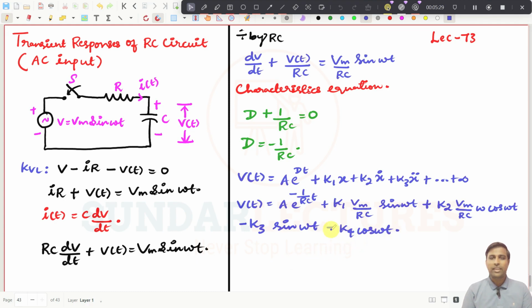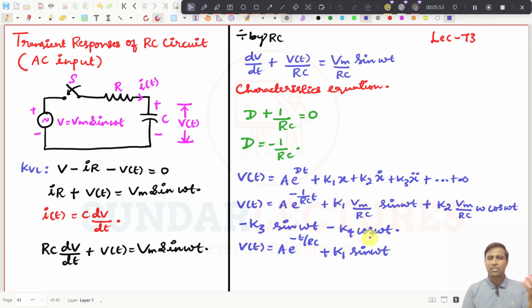See what you are getting here, it is very easy to understand. Maybe you take everything as constant, and I will write it down for your understanding. This is A e power minus t by RC, I can write like this. So this one I am just writing as K1 sin omega t.